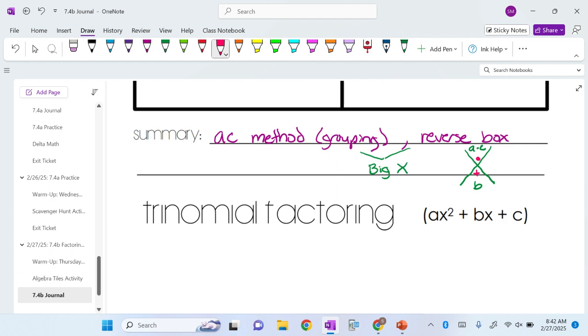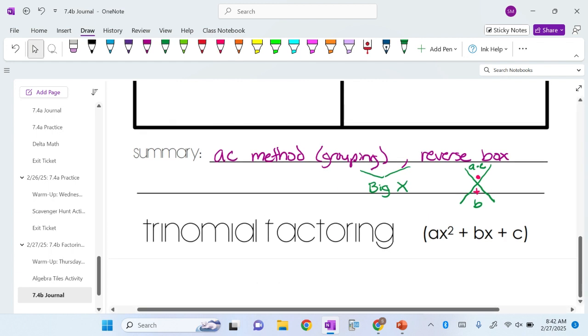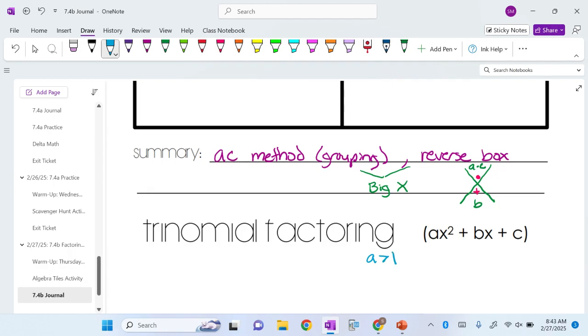All right. So again, we're specifically looking at trinomials where the A value is greater than 1. In my opinion, depending on what you're more comfortable with, I kind of like the reverse box method better for this, but the AC method works as well.